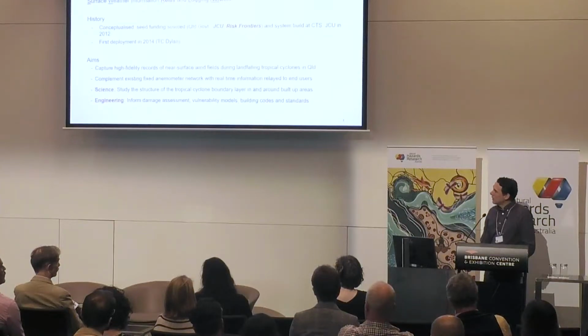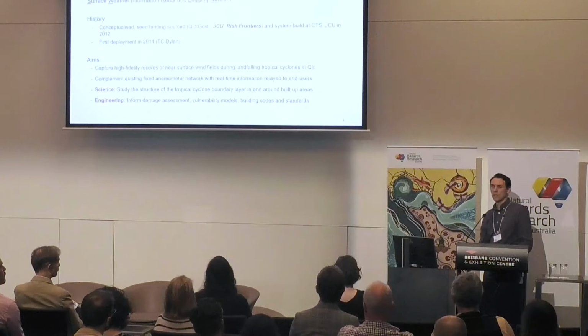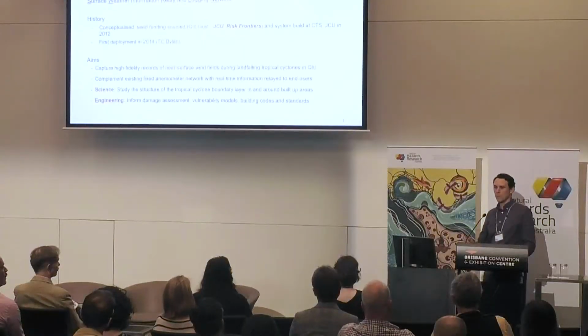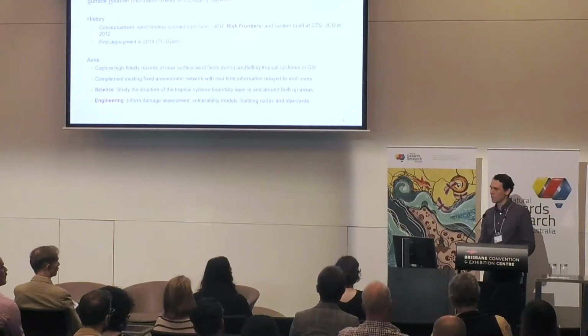The objective was not just to record, say, the strongest wind of the cyclone. Our objective was to understand what the wind speed and the wind environment is within communities that are being affected. If we were going to take the purely scientific approach, we would find a really open field near where we think the centre of the storm is going to cross, and that's where we'd put our instruments.